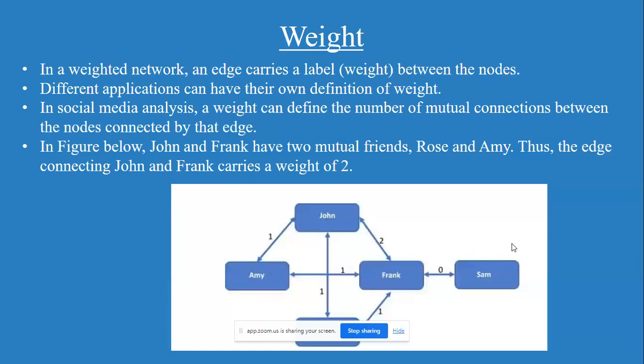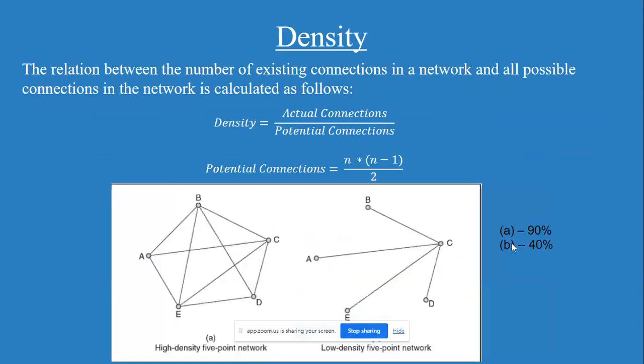That means the number of mutual connections is very high. Whereas between the nodes Amy and Frank, there is only one mutual connection, that is John. So the weight of that edge will be 1.